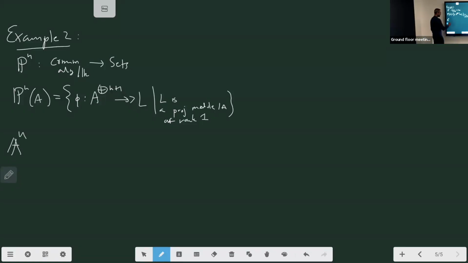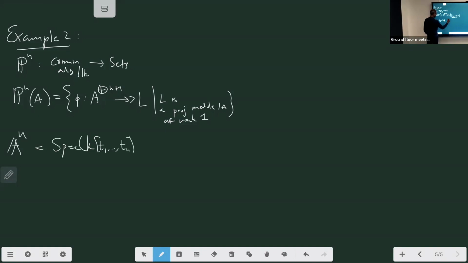A^n is spec of the polynomial ring. So it's covered by a bunch of copies of A^n. This is an example of a moduli functor. I can define the moduli of such quotients, and this moduli functor has a nice solution, which is represented by a scheme. Namely, it has an atlas covering it by A^n's, which I'm sure you're all familiar with.